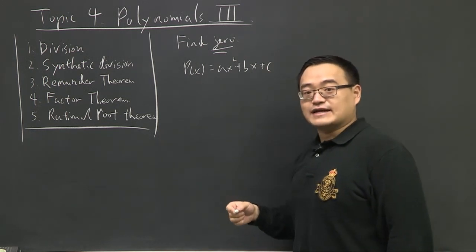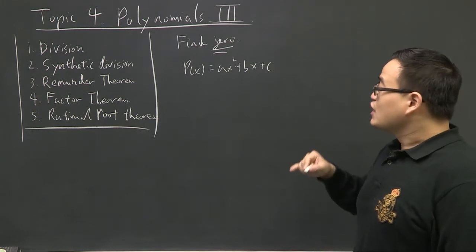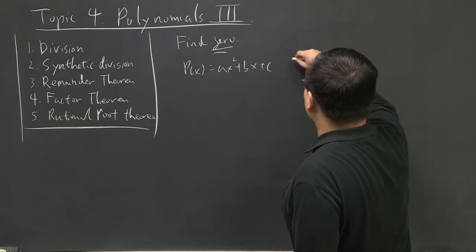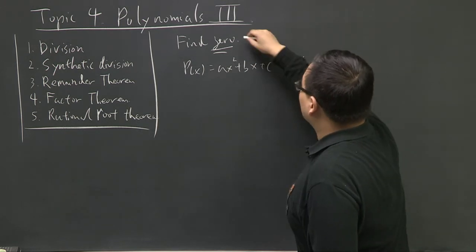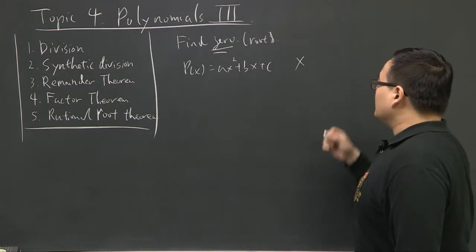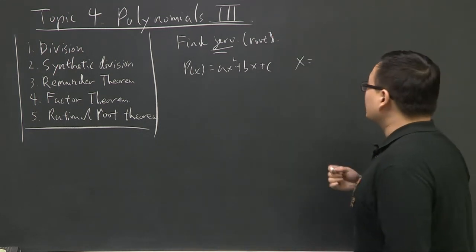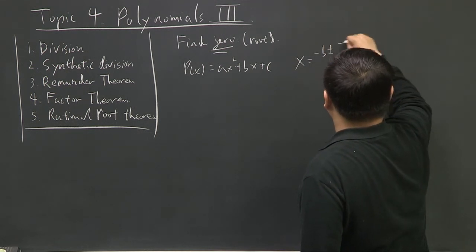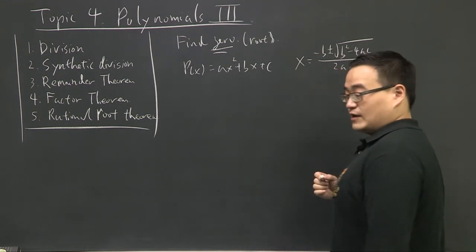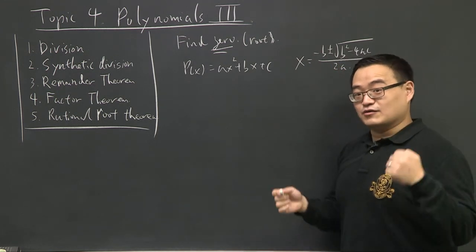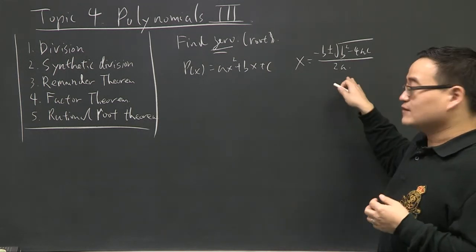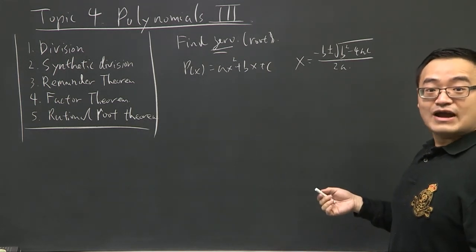I can try different manipulations of the equation. But at the end of the day, there's always a quadratic formula that allows me to solve this. That simply gives the root, or the zero, as you guys probably know. You can always use the quadratic formula, which is negative b plus or minus the square root of b squared minus 4ac, divided by 2a. You might be able to factor, you might not, but it doesn't matter because you can always find a root that way. So it's a guaranteed way, right?